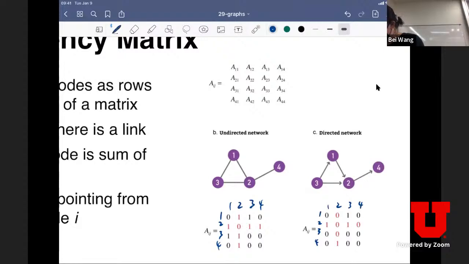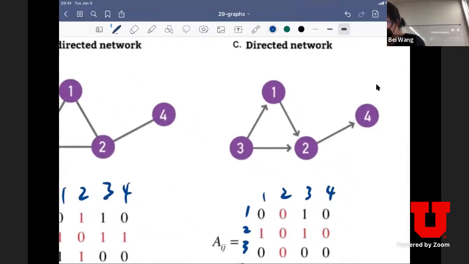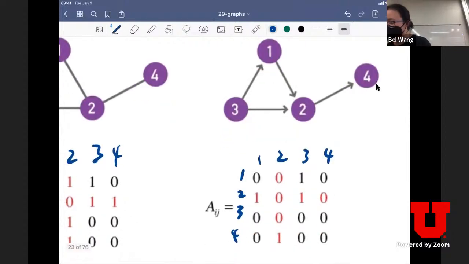I want to ask, is 1 reachable by 3? The answer is yes. Is 2 reachable by 1? The answer is yes. Is 2 reachable by 3? The answer is yes. But 2 is not reachable by 4 because 4 does not have this edge.